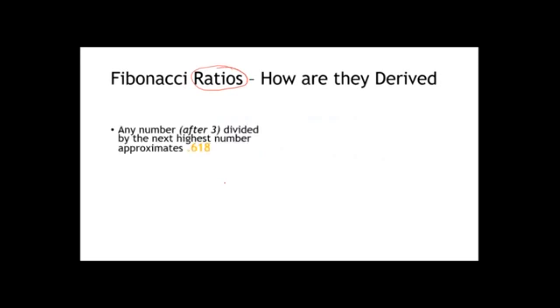Let's say I take any number, preferably after 3 and 5, and divide by the next higher number. Let's put a few numbers of the Fibonacci series here: 5, 8, 13, 21, 34, 55, 89.